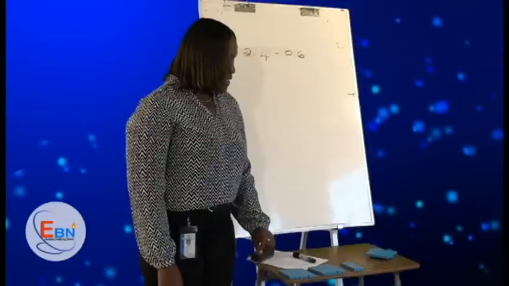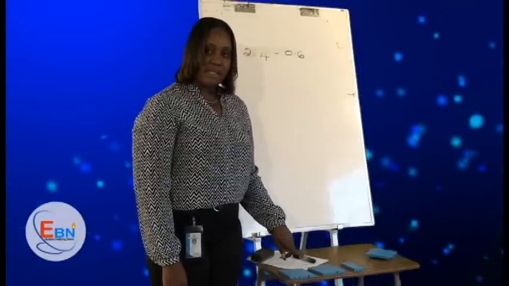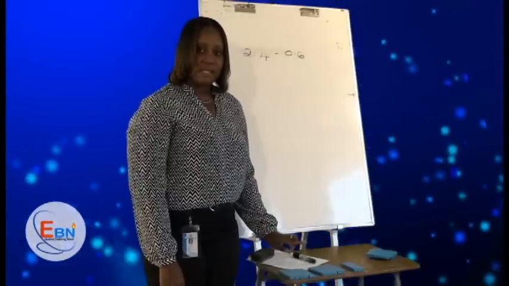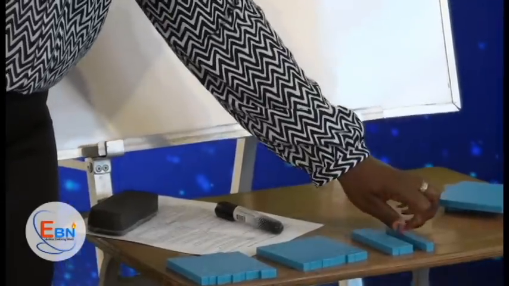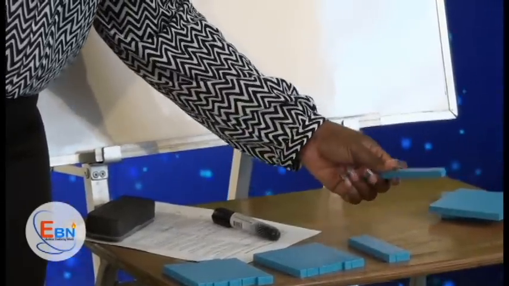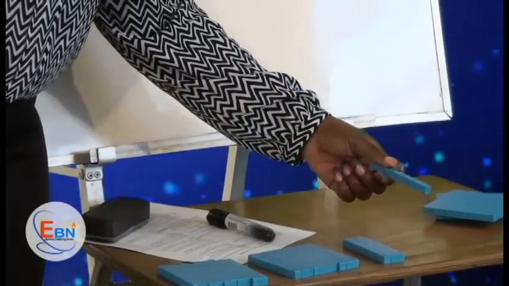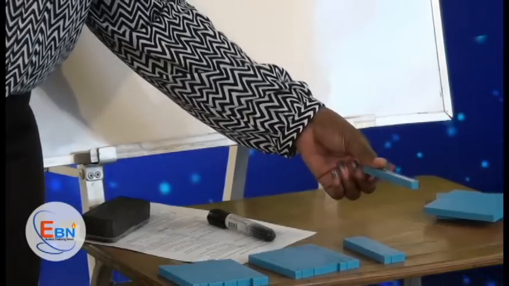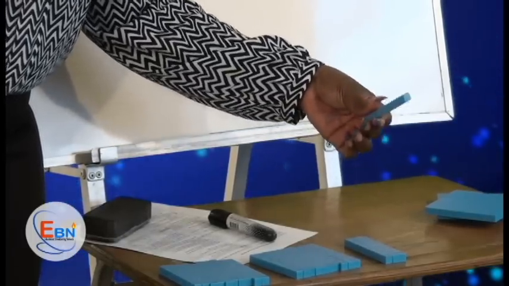We're now going to see how many 6/10 are in 24 tenths. Now remember that each of these represents a tenth. In order to get 6/10, we would need 6 of these.